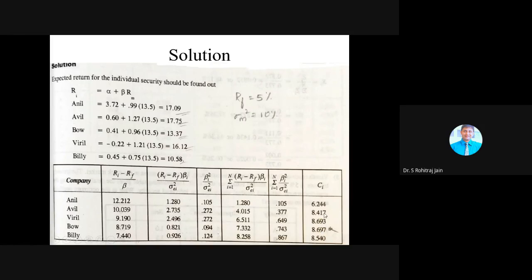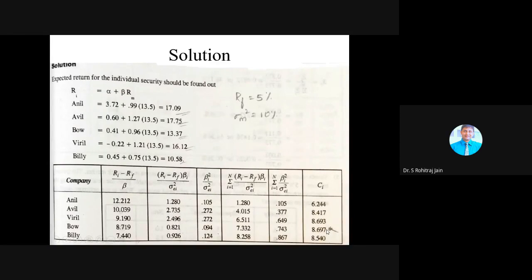See here, students, there are two methods to identify the cutoff point. Please remember, please understand this. You can see here the values are 6.244, 8.417, 8.693, 8.697. After 8.697, I get a value which is lesser than the previous. See, 8.540 is lesser than 8.697. So what I'll do, I'll not take this value.